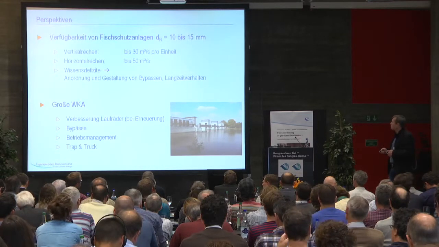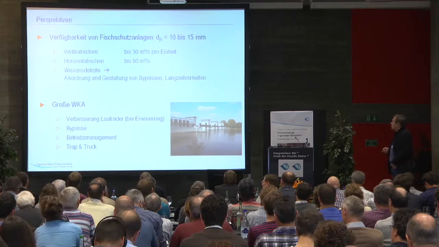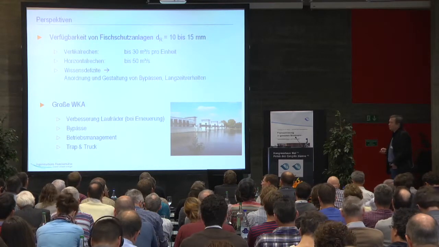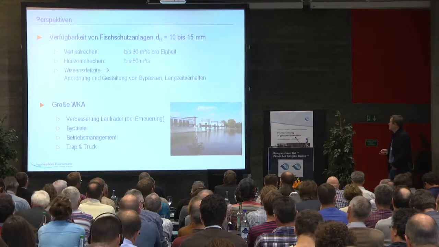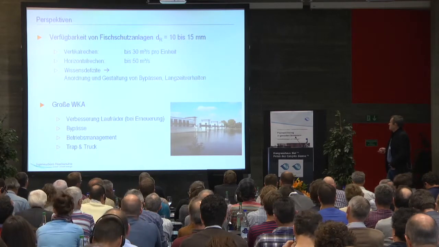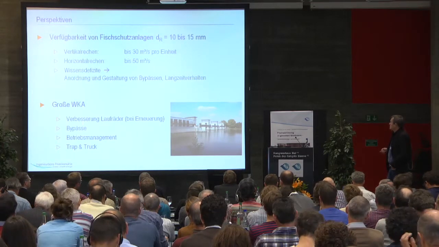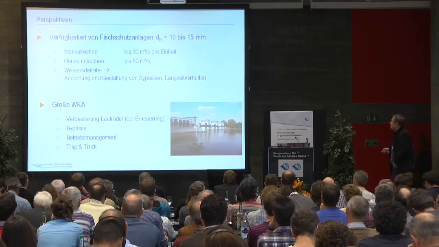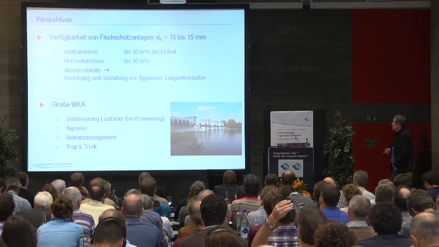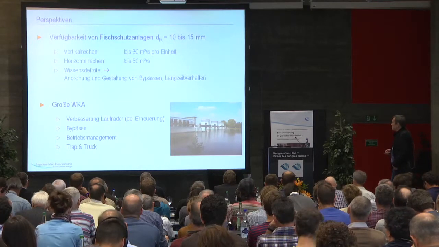The problem is that we haven't had so many of these installations for such a long time yet to have reliable data. And when you design a new facility, you need to take that into account, make sure that you can make adjustments later on after some time of use. So this shows that this technology is not an alternative for large hydroelectric power stations.